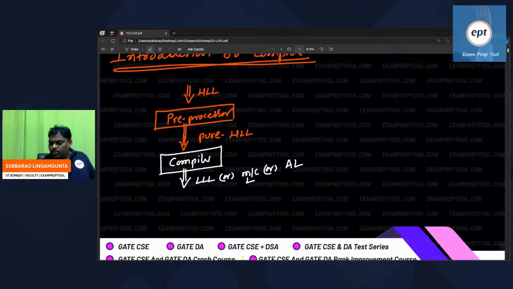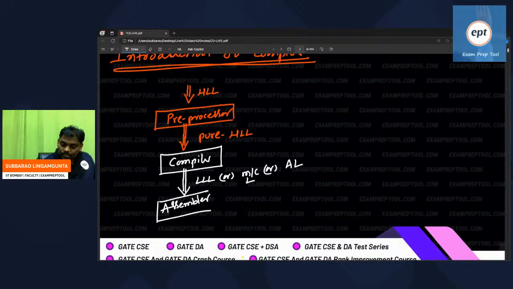Now observe, everyone understand this. So compiler output is low level language, machine language, and assembly language. Now listen, this is the input to the assembler.